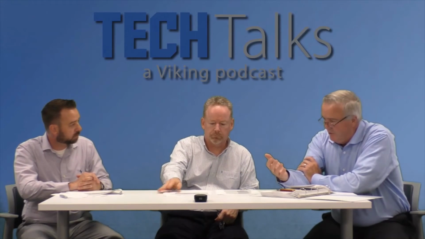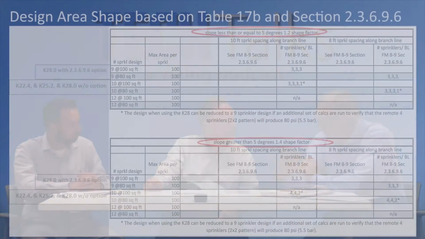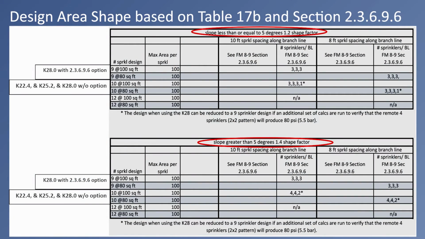The first thing you need to do is establish how many sprinklers you're going to calculate based on the table, right, 17B. That 17B says 9 or 10. So as we stated before, it says 9 sprinkler design, so you automatically know if you were looking at the K28, that it's a 333 requirement, whether it's 10-foot spacing on the branch lines or 8-foot spacing on the branch lines.